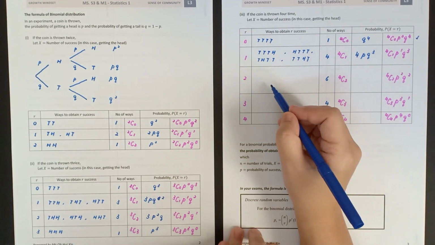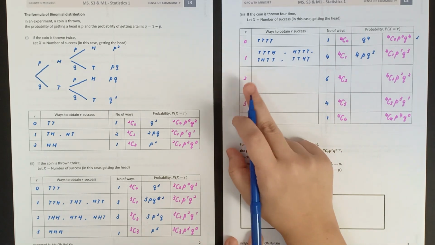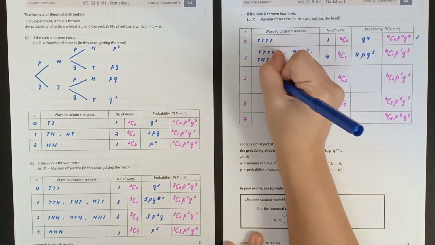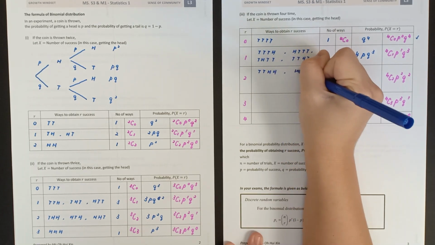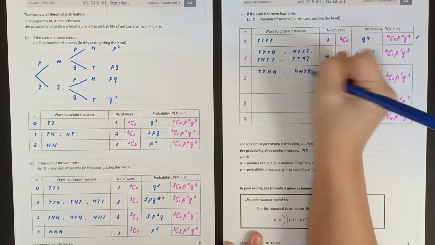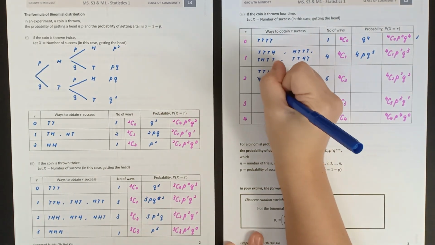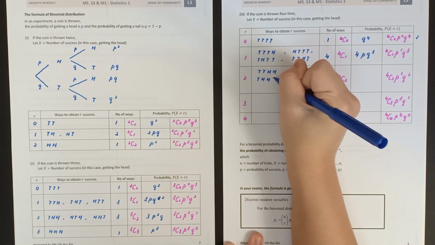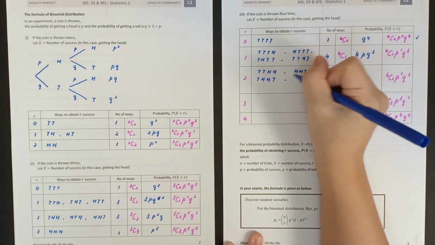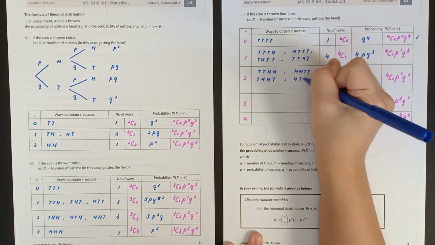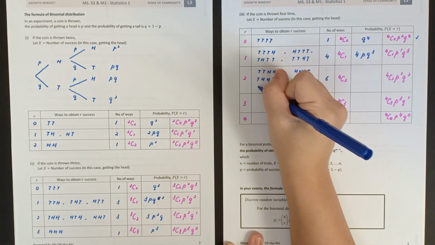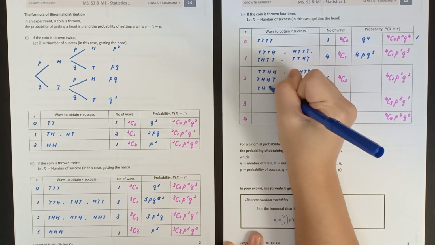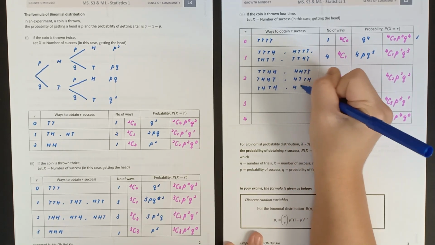Okay, then we continue on for this one. For 2 times of head, the outcomes you might have are tail, tail, head, head; head, head, tail, tail; or head, tail, tail, head; or tail, head, head, tail; and so on.